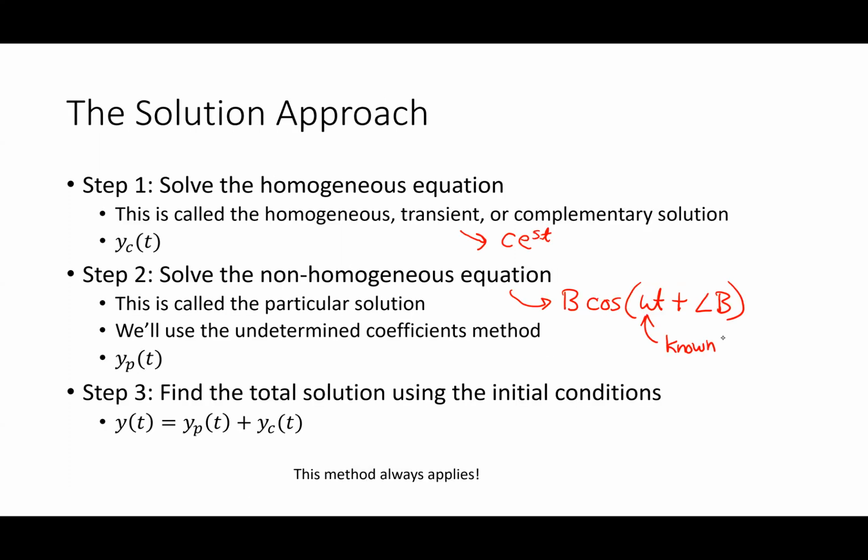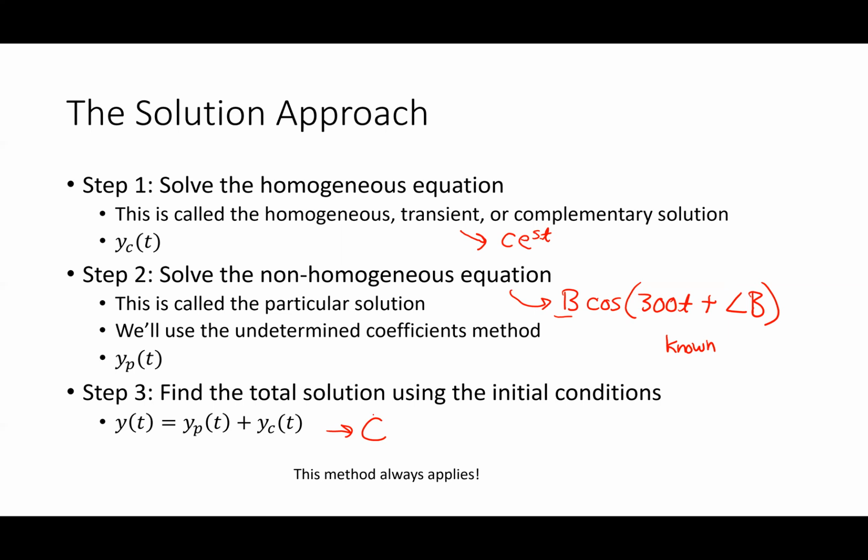So I know that this guy is going to be 300 t plus the angle of B. There are two things I don't know here. What are they? I don't know B. I don't know the angle of B, but I can solve for those. That's what I'm going to solve for in step 2. Step 3, I put them together, and at this point I end up solving for that C, that guy I didn't know up there.